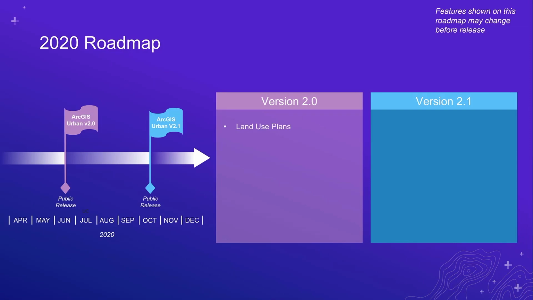So first, for version 2, we're adding a land use plan. We've had existing zoning plans for a while that create plausible buildings based on the zoning regulations. Land use plans are a more generic form of that, a comprehensive plan, whereas a zoning plan is more of a specific plan.